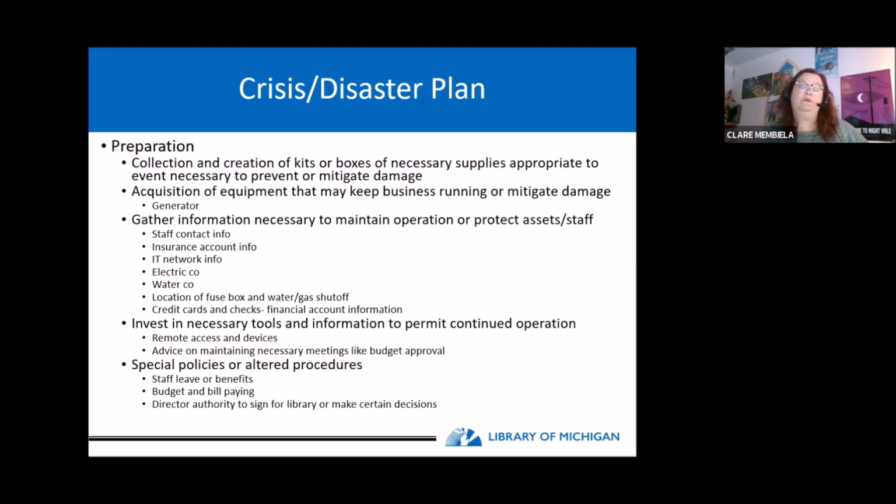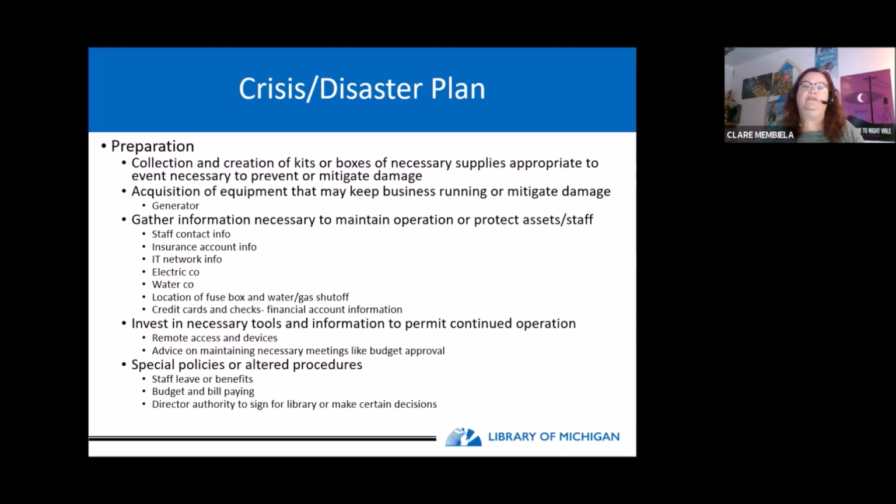So from the risk management point of view, we identify it, we have insurance, we do the best we can to make sure our pipes are insulated, that we have a generator, but then the crisis management would be, okay, who has the keys to the generator?